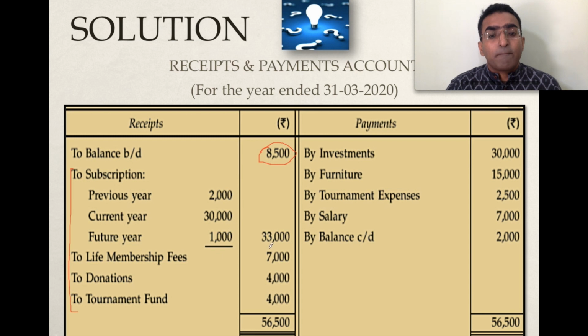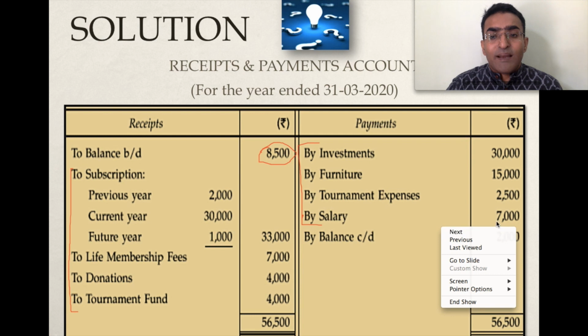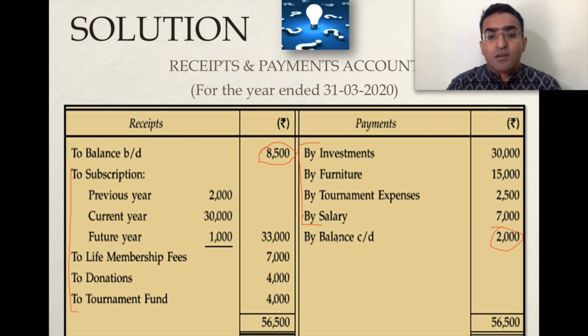All the incomes are there, and on this credit side, you see all the payments made, and then you balance the account as we do with the ledger accounts. Balance c/d, this is it.